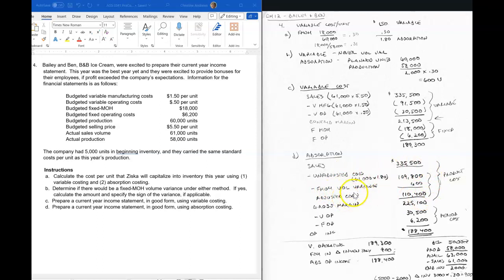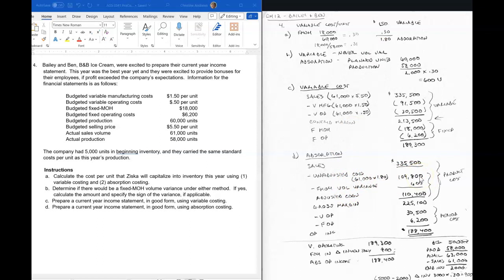Do it this way. My unadjusted cost of goods sold is 61,000 units times $1.80 per unit. That's the fully absorbed cost, right? So 61,000 times $1.80, that's $109,800.